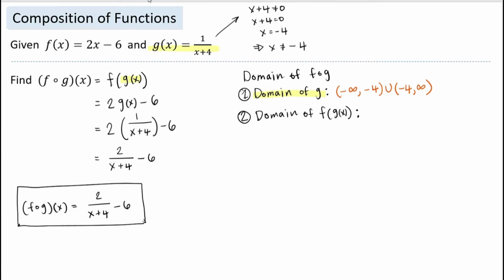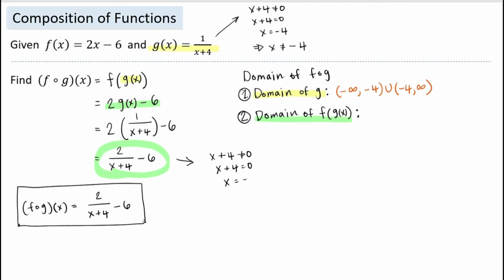The second step is to find the domain of f of g of x. F of g of x is 2 times g of x minus 6, or equivalently 2 over x plus 4 minus 6. In this equation, the denominator x plus 4 cannot be equal to 0. Let's solve x plus 4 equal to 0.